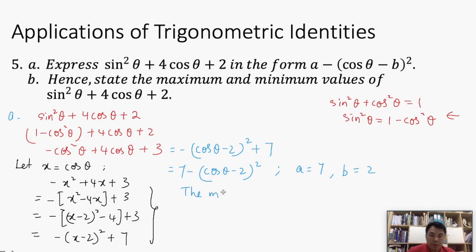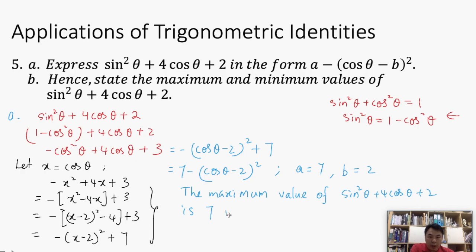The maximum value of sine squared theta plus 4 cos theta plus 2 is 7.